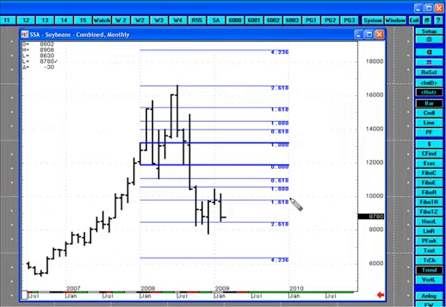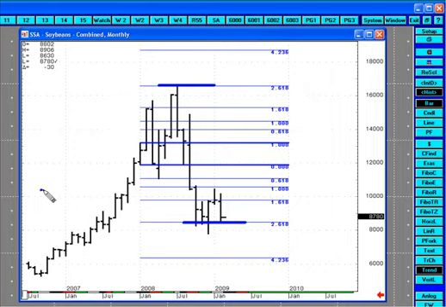Often, not always, but often, this will indeed occur. We saw a 2.618 test to the upside and a 2.618 test to the downside. The reason I tend to look for this occurrence is because the market likes to see balance.